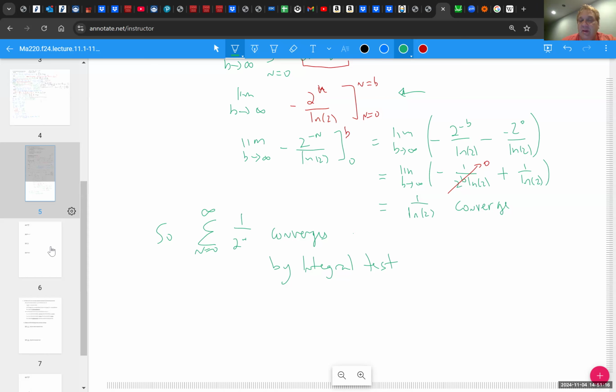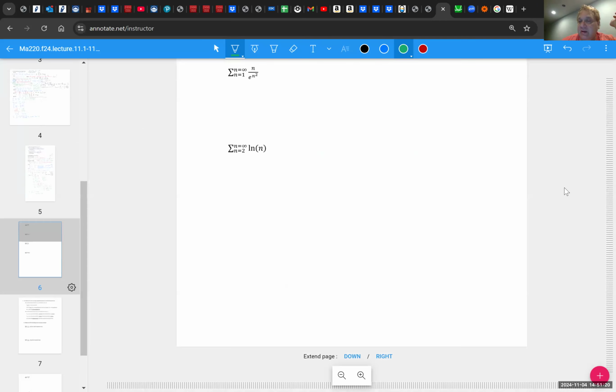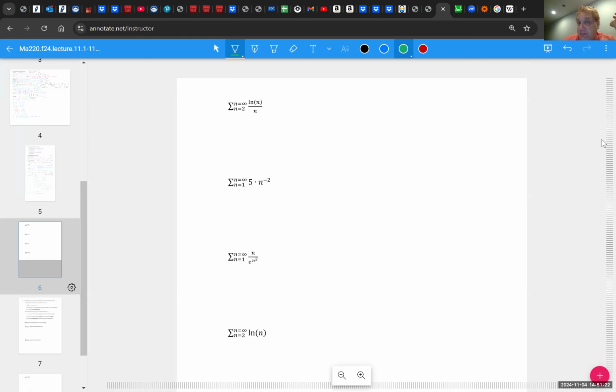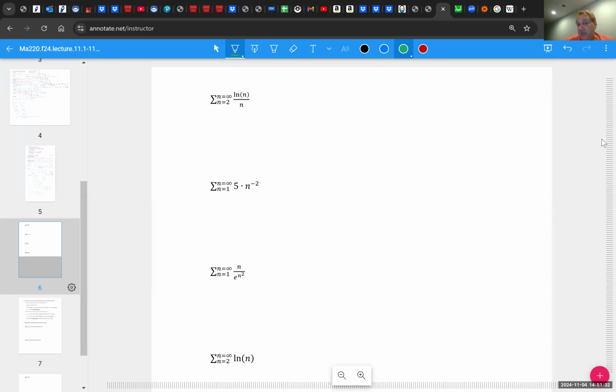All right, let's do maybe 4 more examples just to help you see the idea of the integral test and the p-series test. Okay, so n equals 2 to n equals infinity, that series of ln n over n. So let's see what happens with ln n over n.